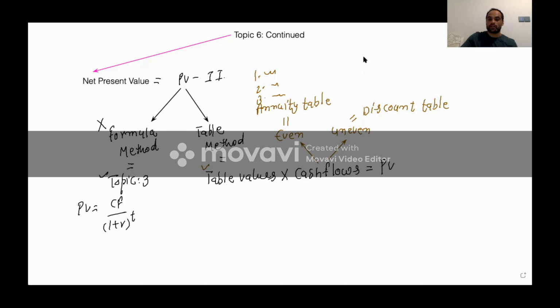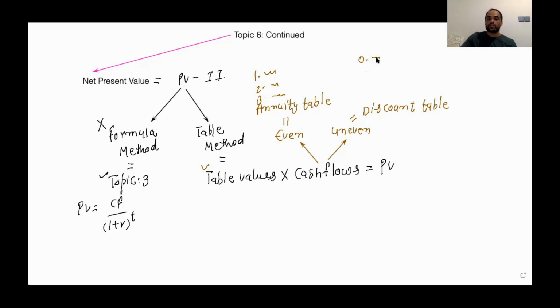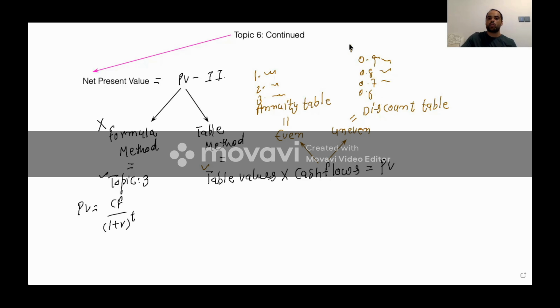And in the discount table, your values are always 0 point something: 0.9, 0.8, 0.7, 0.6, and so on. Under the discount table, your values will never be 1 point, 2 point, 3 point.